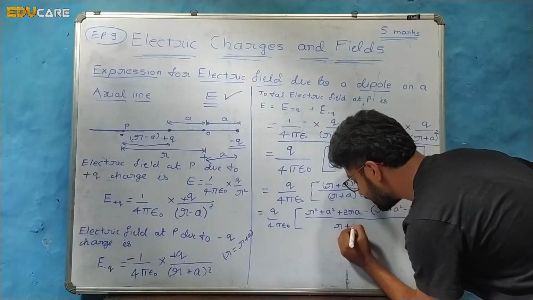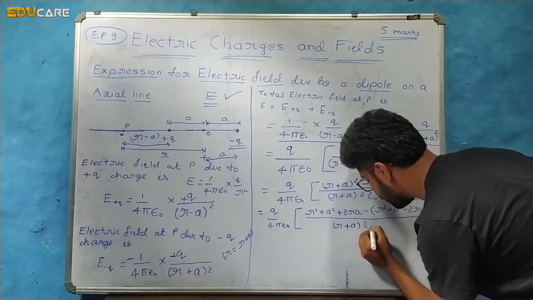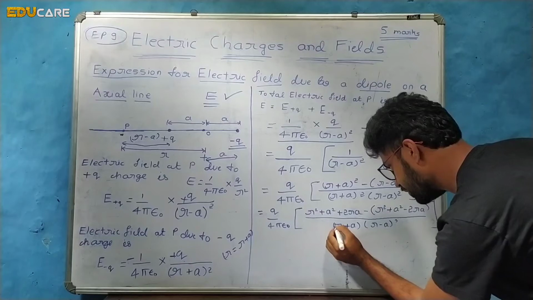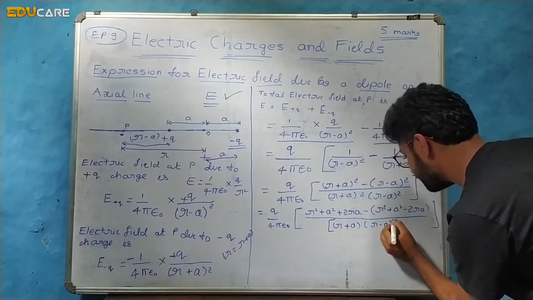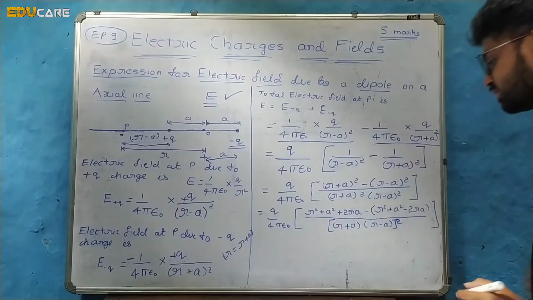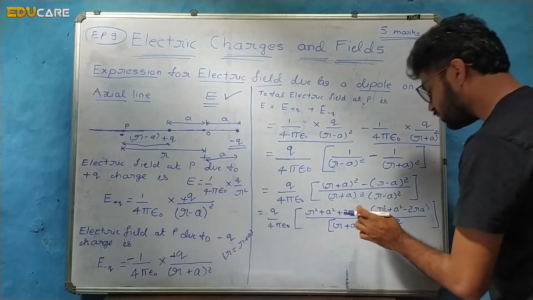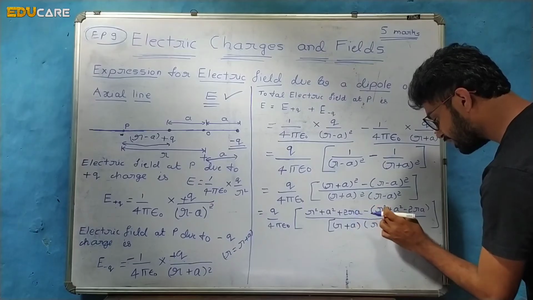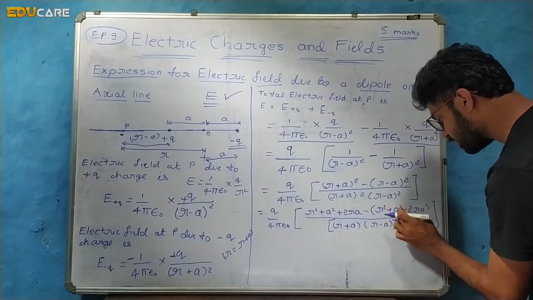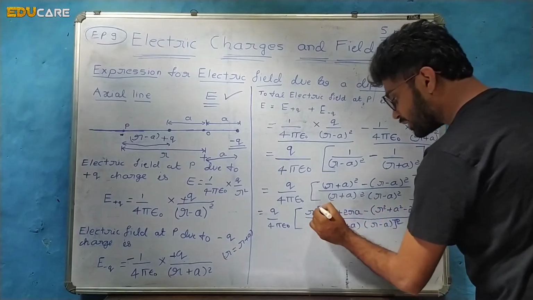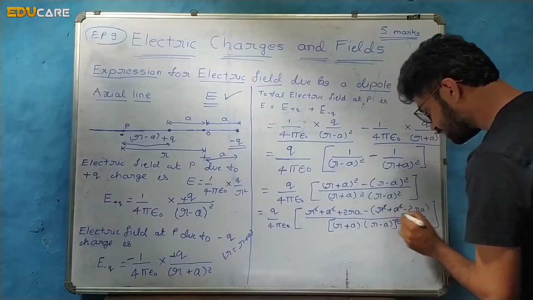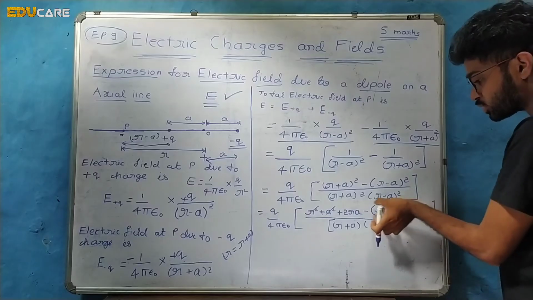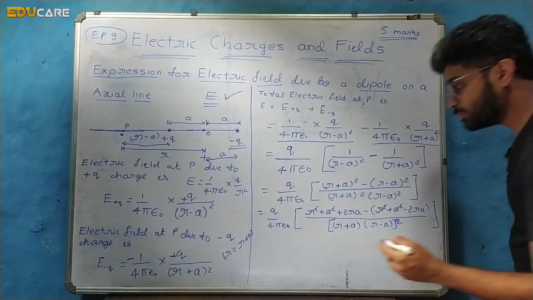R plus A into R minus A, whole bracket square. Is it clear now? Okay, now here it is a minus sign, so it becomes minus R square, and it is a minus A square, and this one is plus 2RA. So R square A square cancels out, and 2RA minus of 2RA, which means plus 2RA, so it becomes 4RA.